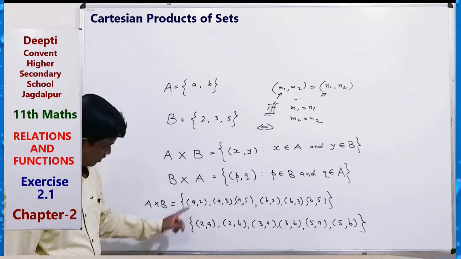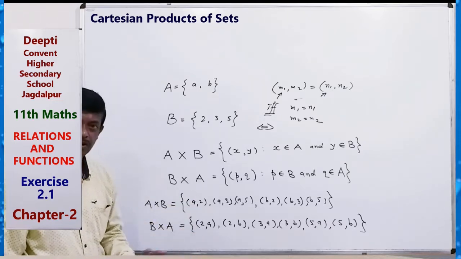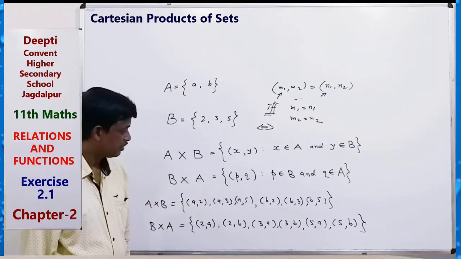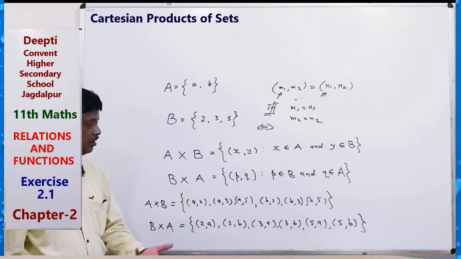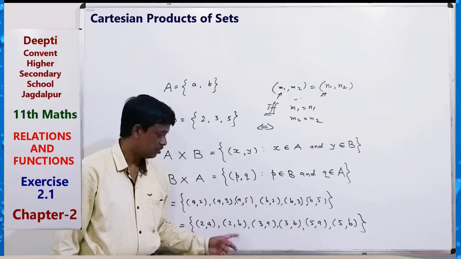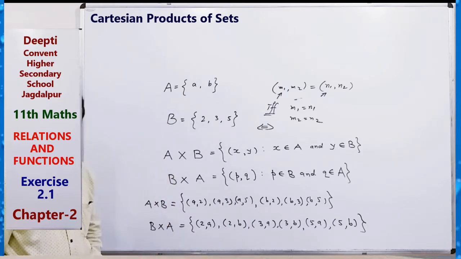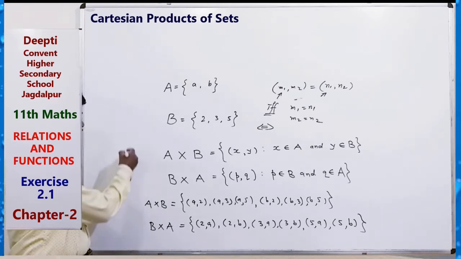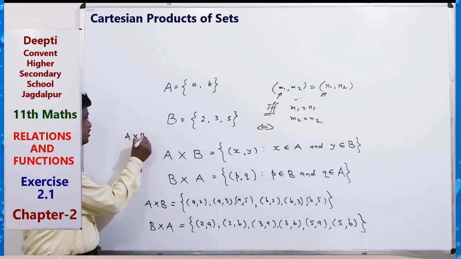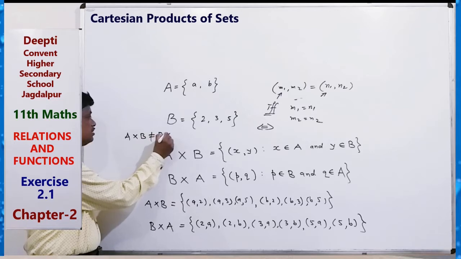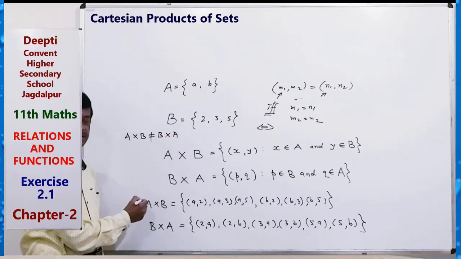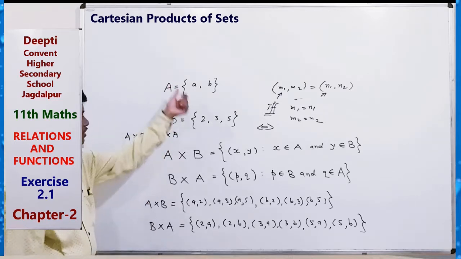We know that these ordered pairs are not equal, so A cross B is not equal to B cross A. Very clear. So A cross B is not equal to B cross A when A and B are different.